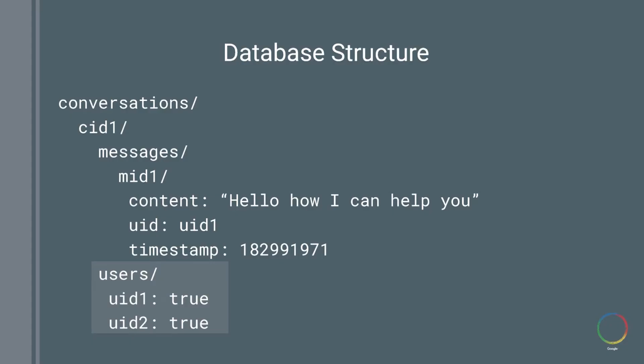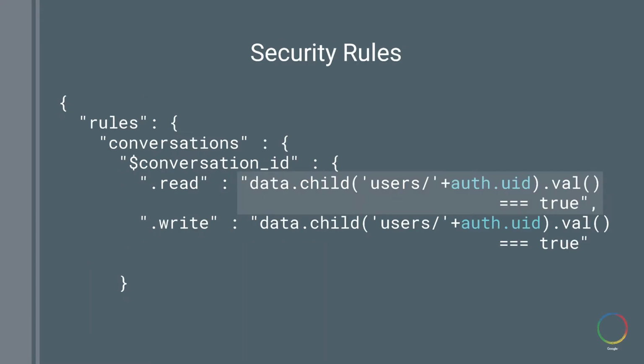Specifically, we have a list of users who are participating in the conversation stored under the users node of that conversation. We want to give access to the conversation data only if the user is in this list. Firebase Realtime Database uses security rules to control access to the database.